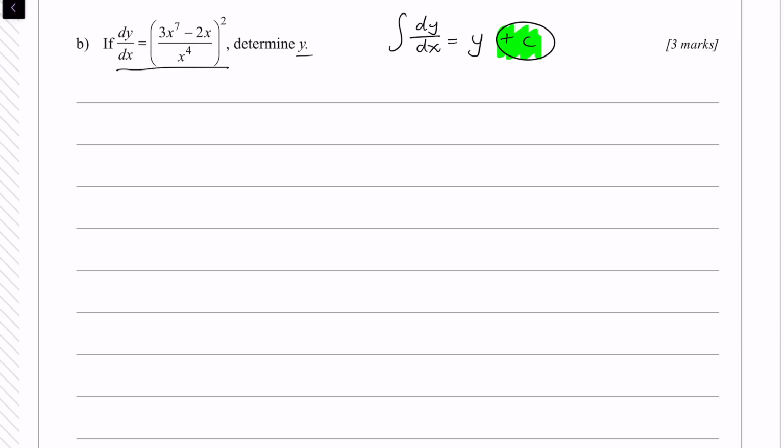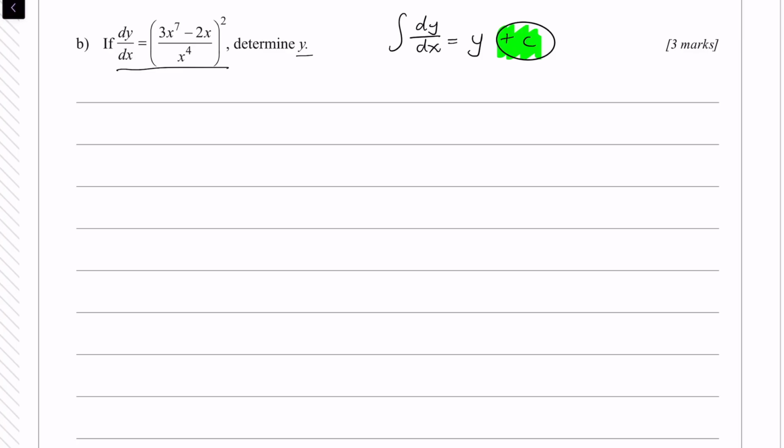But this is quite a complex integral if we just look at it simply as it is. So the key here is really about simplifying the fraction itself to make it into something we know how to integrate, and we can change this fraction form into an exponent form or power form, okay?